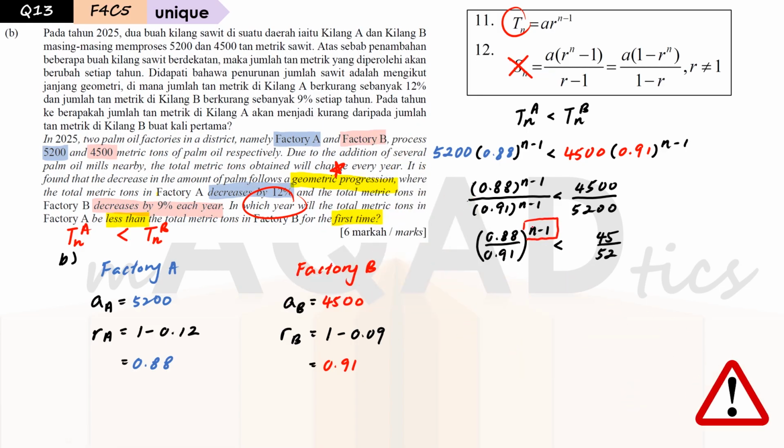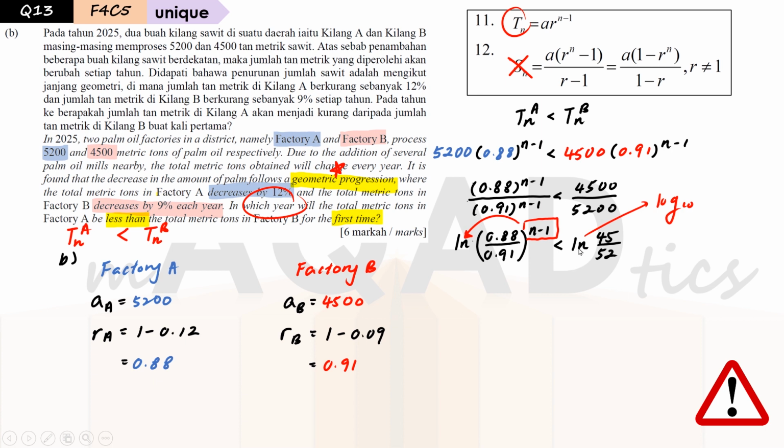So how are we going to move this n minus 1 down? It's one of the things that we have learned in the previous questions, which is that we are going to apply log to both sides. Just for information, ln is actually the short form for log 10. And this is accepted in the SPM, so don't have to worry.